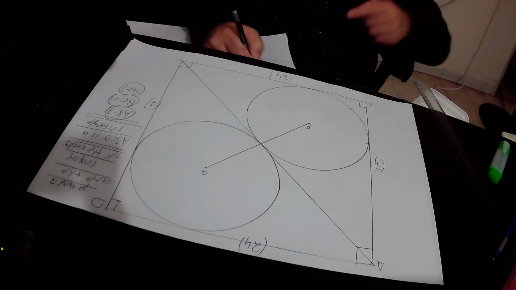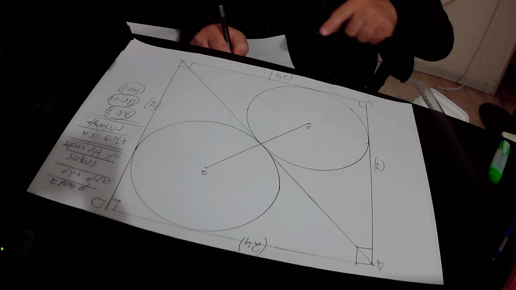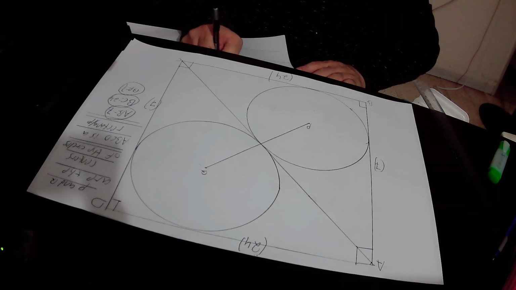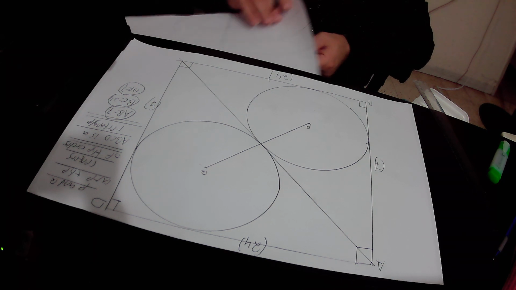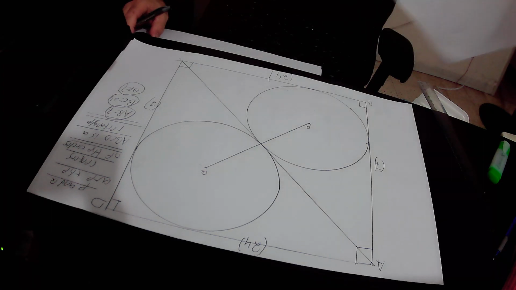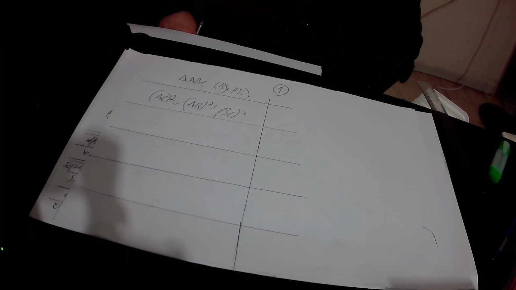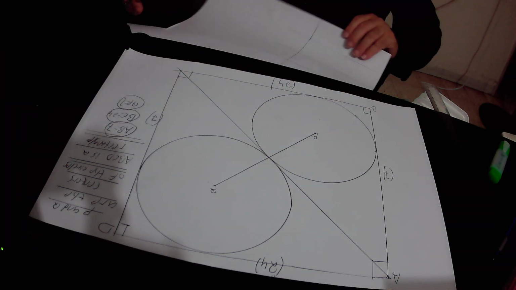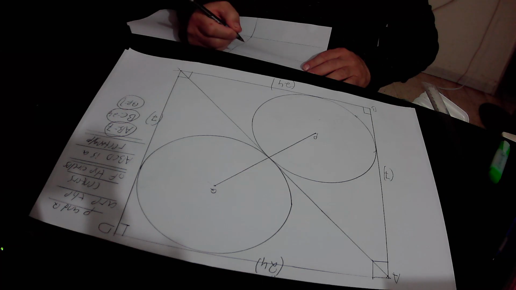And it must be equal to AB squared plus BC squared. Repeat again. In the right triangle ABC, according to the Pythagoras theorem, AC squared equals AB squared plus BC squared. So AC squared must be equal to AB squared.